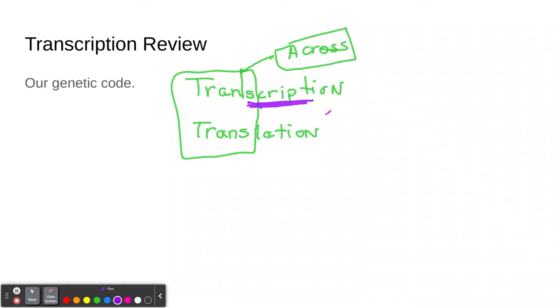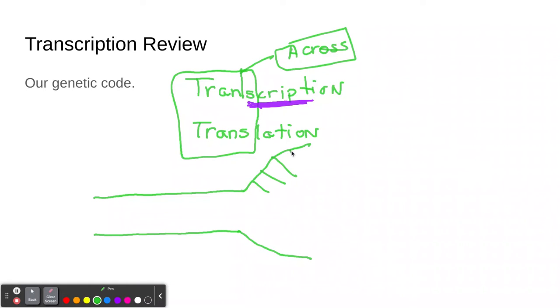All right, so anyway, with transcription, let me draw. Let me get the pen first. We'll stick with green. So this is a very simplified version of the double helix DNA. In this, we said that there are going to be these RNA polymerase that are going to break apart the bonds, the hydrogen bonds. So let's just say that we had some of these nitrogenous bases, which we talked about in the last video.